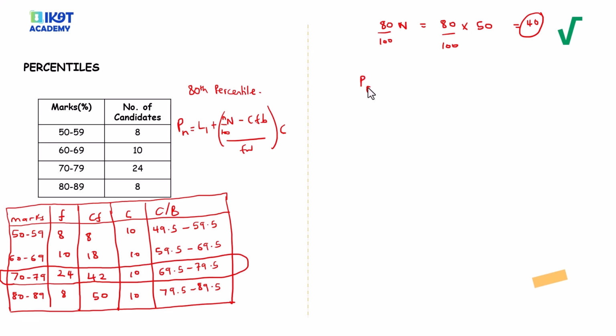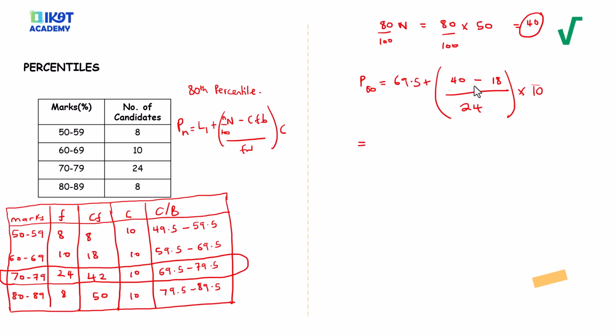So the 80th percentile is L1, the lower limit, which is 69.5, plus 40, which is the 80 out of 100 n, minus the cumulative frequency before that class, which is 18, then over the frequency within here, which is 24, times the class interval, which is 10.